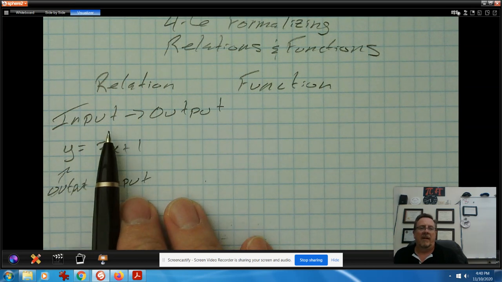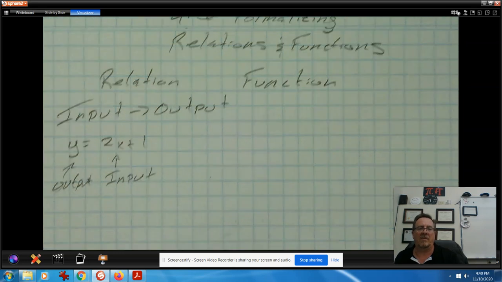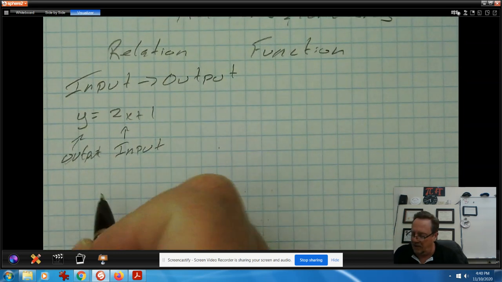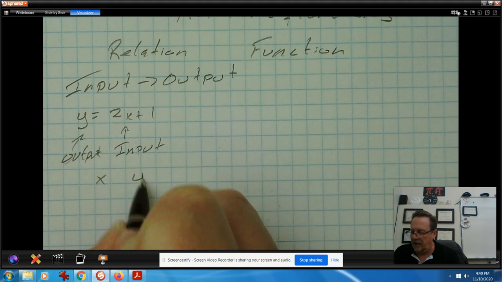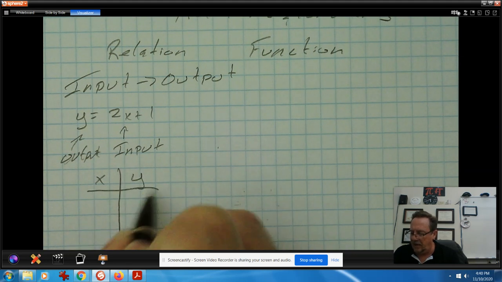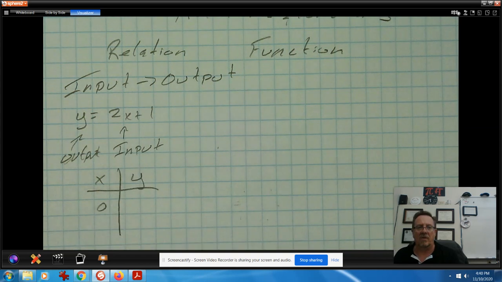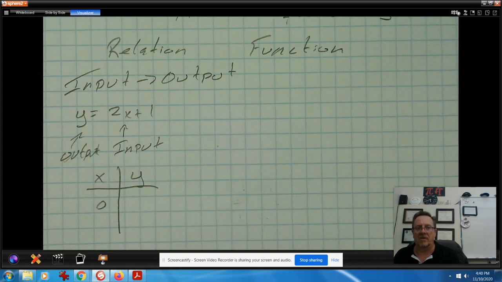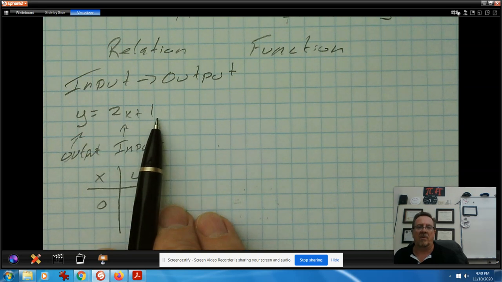So a relation is really something that pairs an input with an output. For an example, if I had y is equal to 2x plus 1, and we made tables before, I could say, let's make an xy table, and you get to choose an input value. Let's choose 0. When the input is 0, what's my output? Take 2 times 0 and you get 0, and you add 1 more and you get 1.